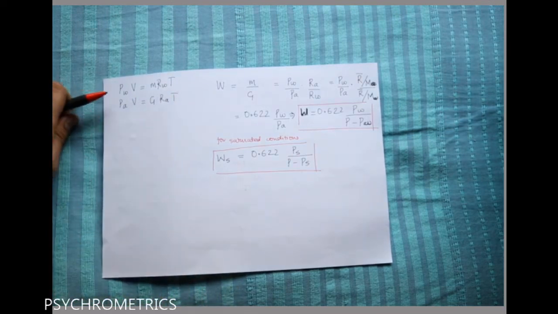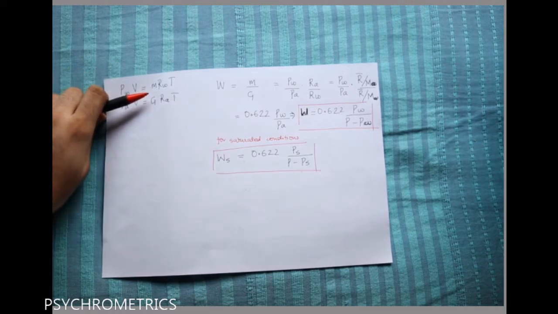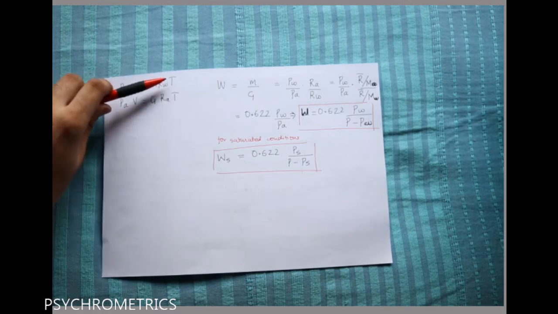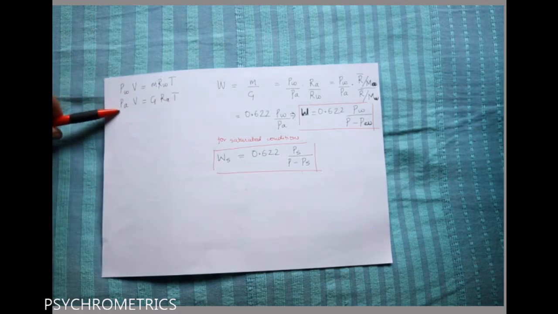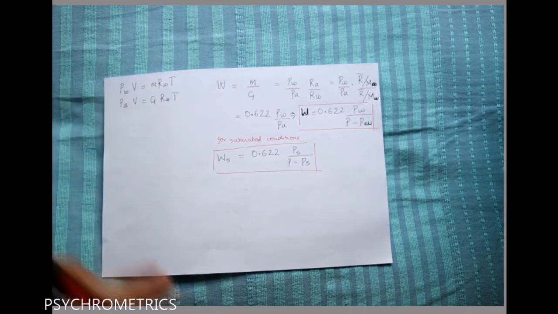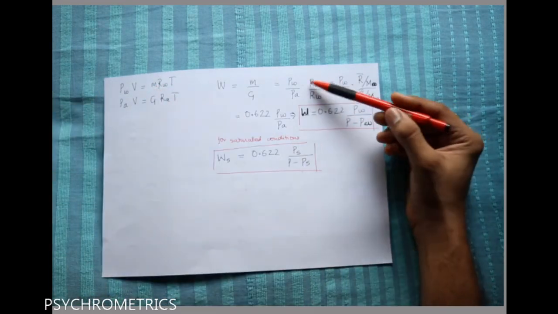For water vapor: partial pressure of water vapor times volume of container is equal to mass of the water vapor times gas constant of water vapor times the temperature. Similarly for air, partial pressure of air times volume of container is equal to mass of air times gas constant of air times temperature. Once we substitute for M and G, we have this equation.